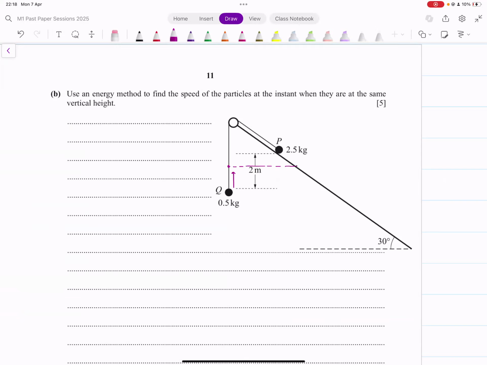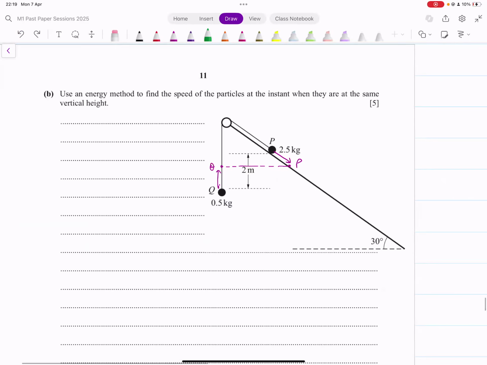So if P comes here, then Q should have moved to this point, right? So that they have the same horizontal level. They have the same vertical height, right? The height is the same. They're at the same level like this. That's what they're saying. And now we have to use an energy method.